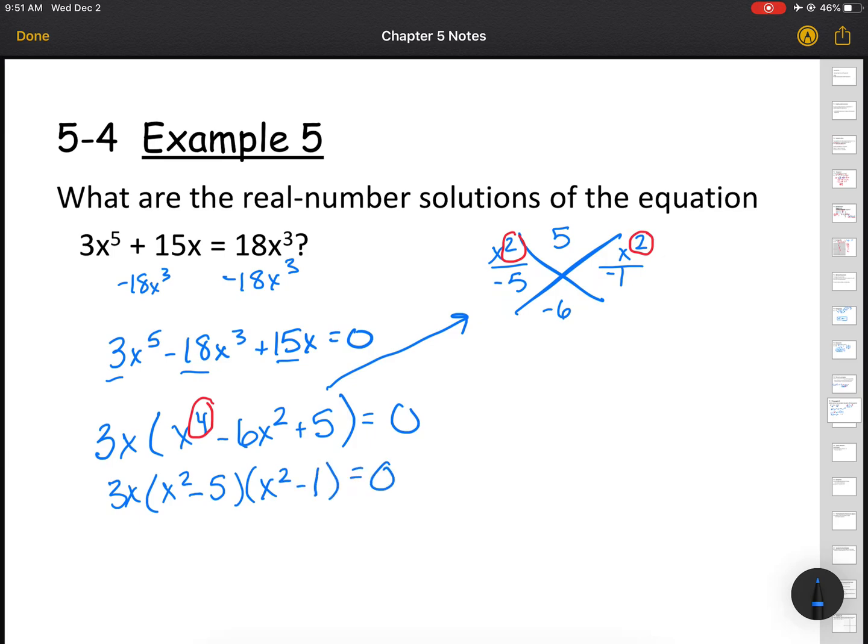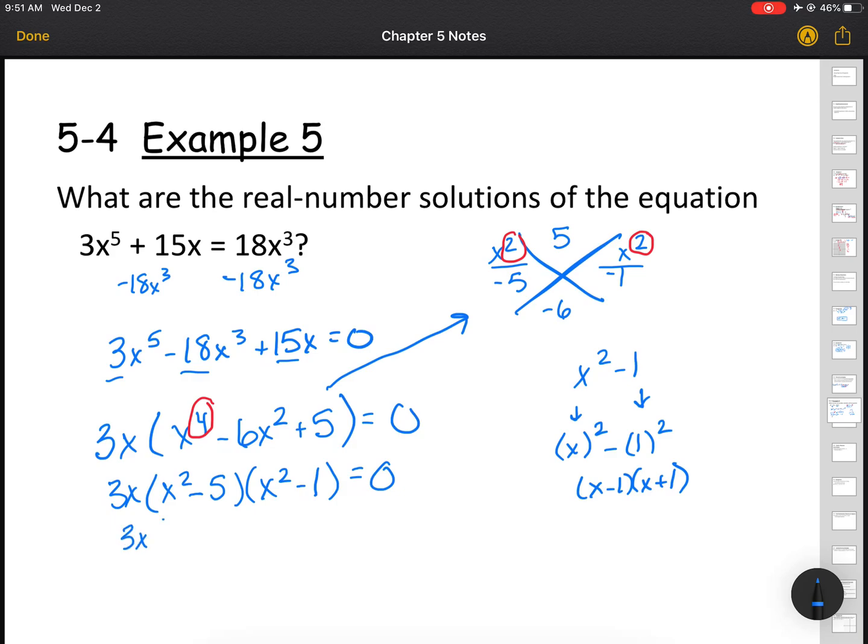So now I got to see, can any of these factor down? Well, 3x can't, x squared minus 5 can't, but x squared minus 1, that is actually a difference of squares. Okay, so I'm left with x squared, and 1 squared is actually, again, just 1. So again, I'm going to have one factor that's a minus 1, and the other factor will be a plus 1.